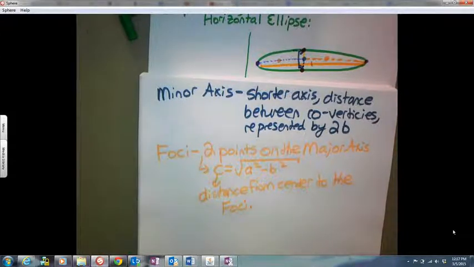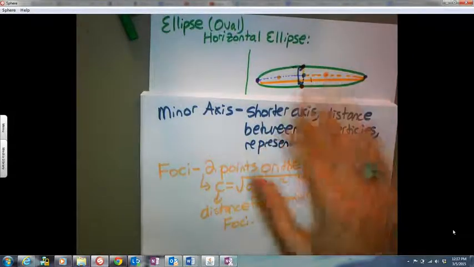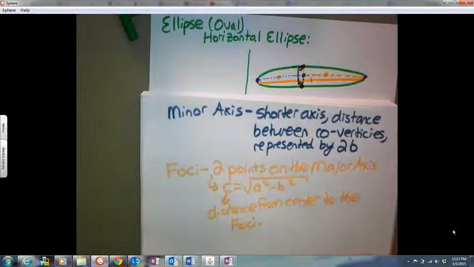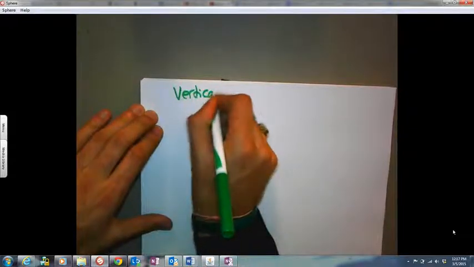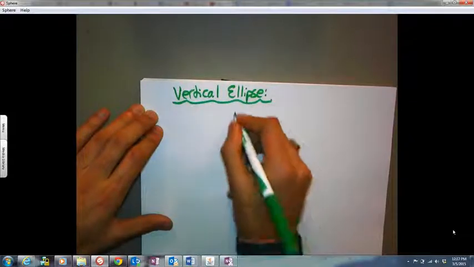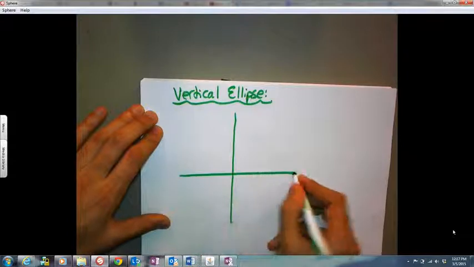Now let me draw a picture of a vertical ellipse. Definitions are all the same, just one slight difference. Okay, here's our vertical ellipse.